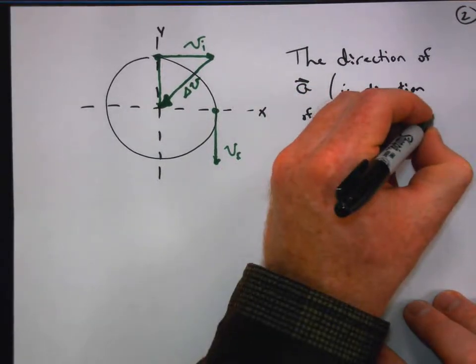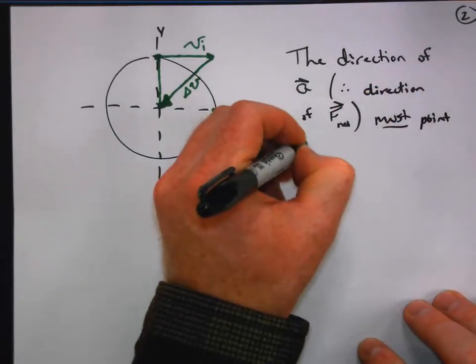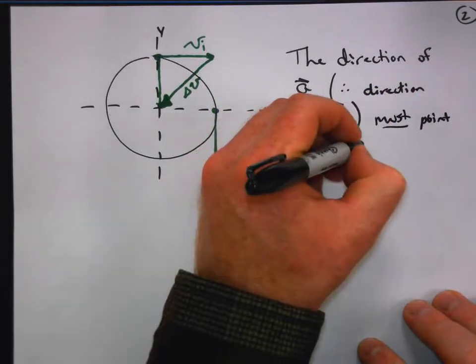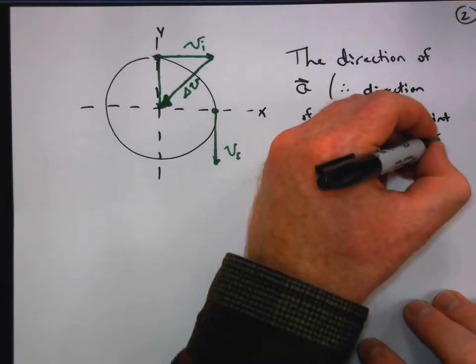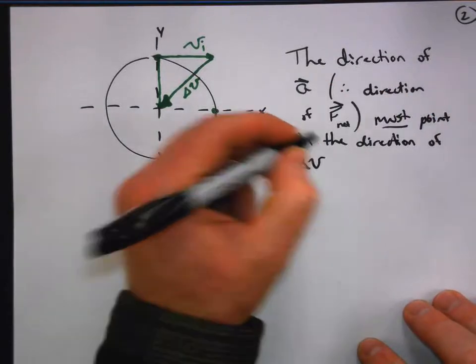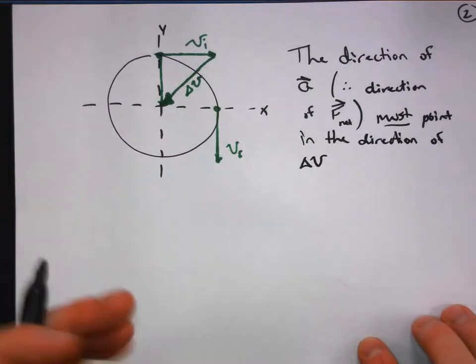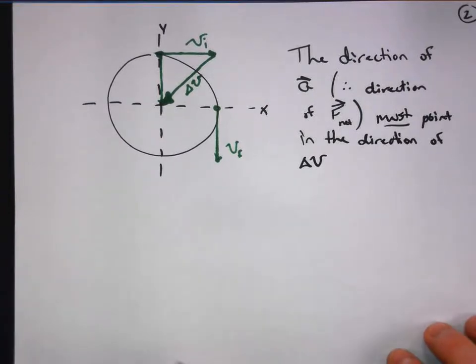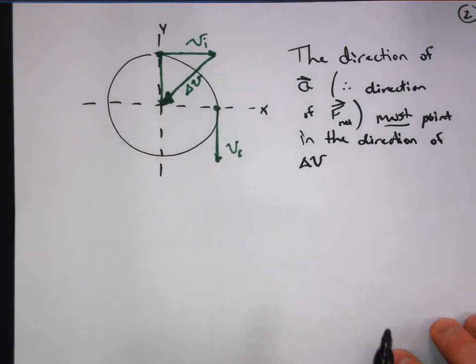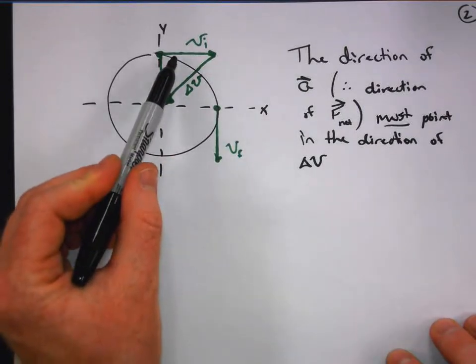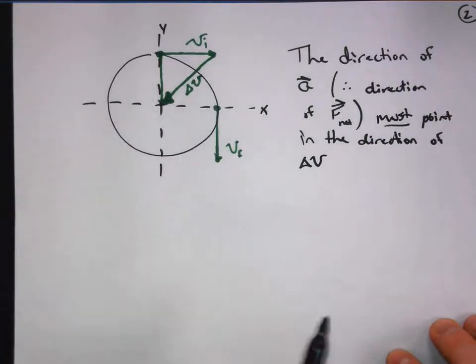It must. They must point in the direction of delta v. They do. There's no other way about it. And we know that this is going to be toward the center of the circle. There's no change in speed, and it results in that sort of arrangement.